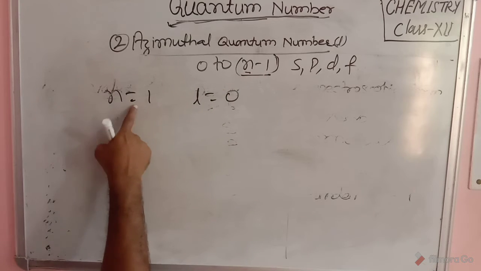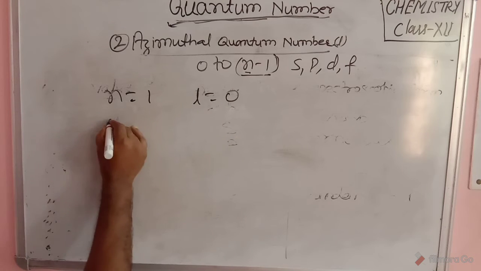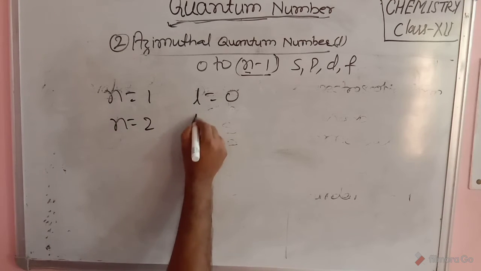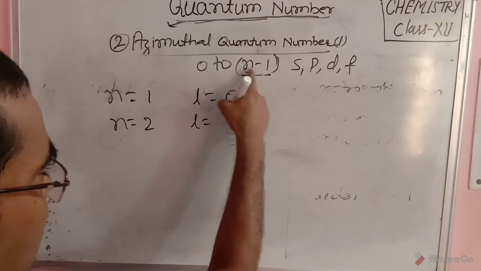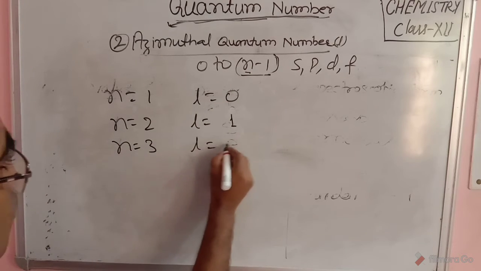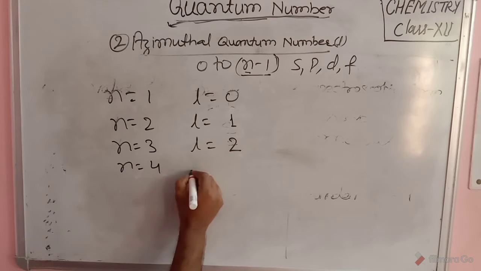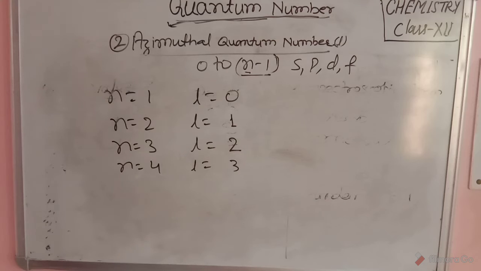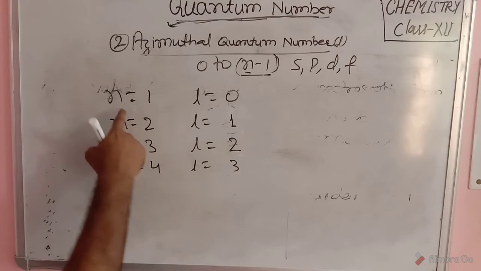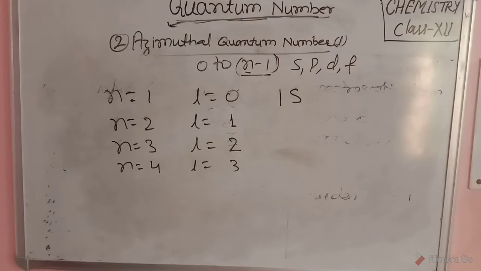So if n is 1, L will be 0. Is it clear? N is equal to 2, L is equal to 1, n minus 1 is 1. N is equal to 3, L is equal to 2. N is equal to 4, L is equal to 3. It means it has only one value when n is equal to 1. That's why it has only one S.